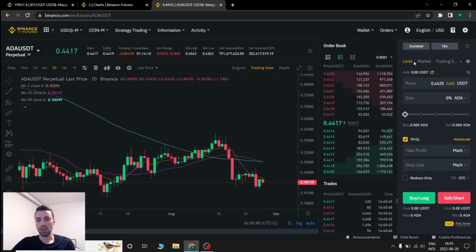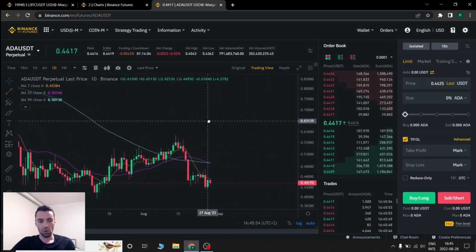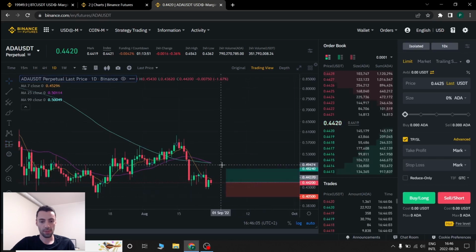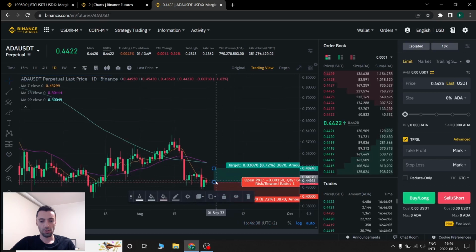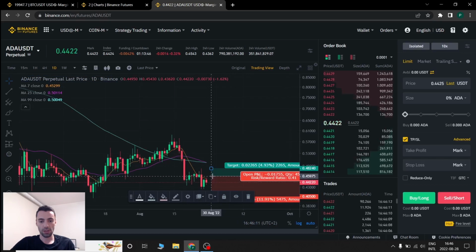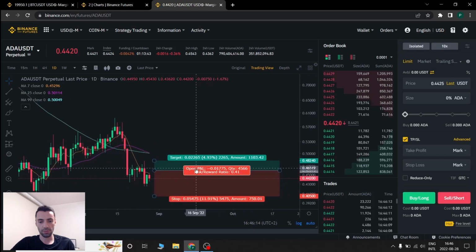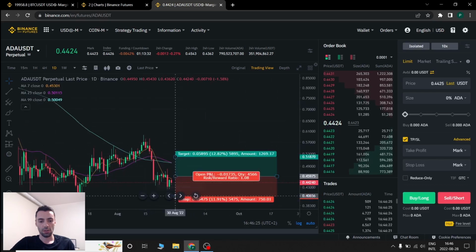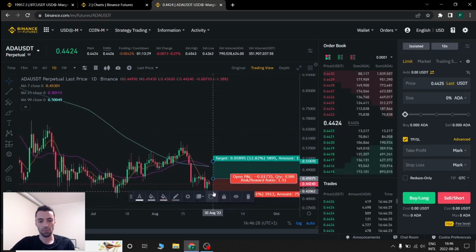So here we have the limit and market, and we have our price. For example, if we want to open the position, let's see. For example, we predict that Cardano is going to increase. So we're going to enter at this price, which is 0.45, and we want to put a target, and also we want to have a stop loss here.